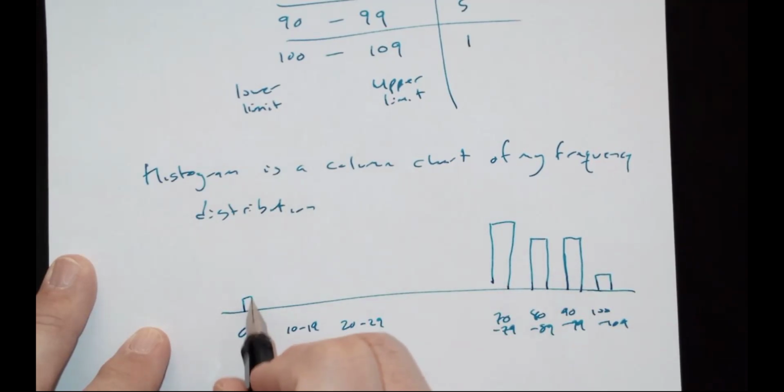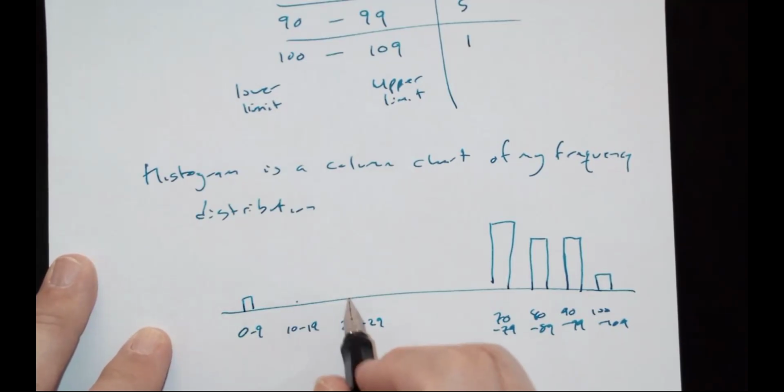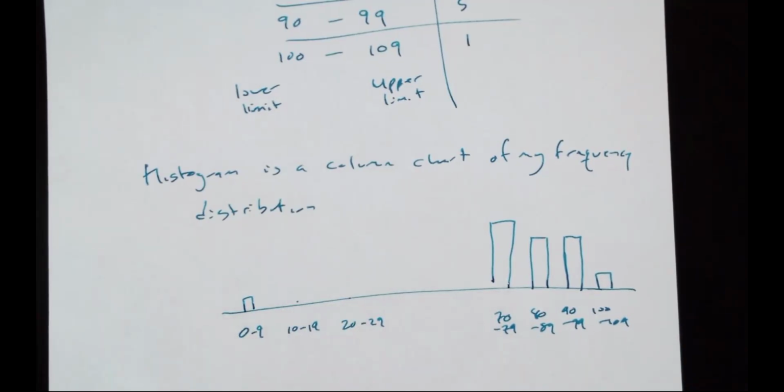I'd still have that height of 1 down here. There'd be a 0 there and a 0 there, and whatever else is in between, right? I'd get a series of columns.